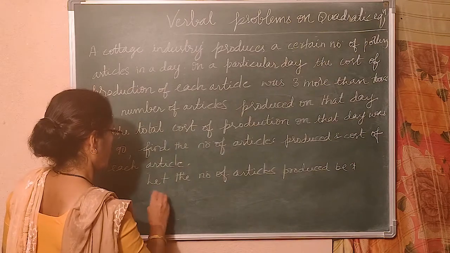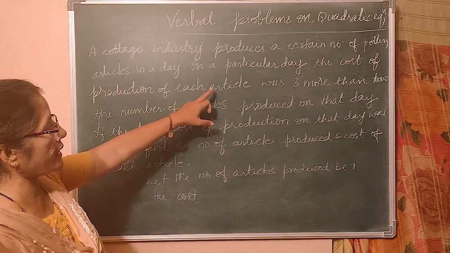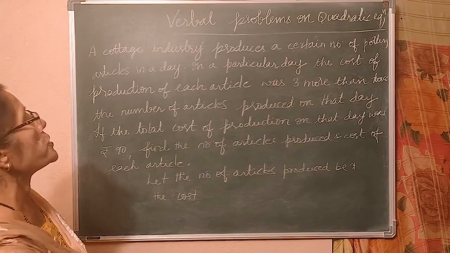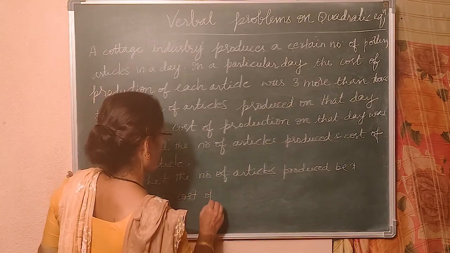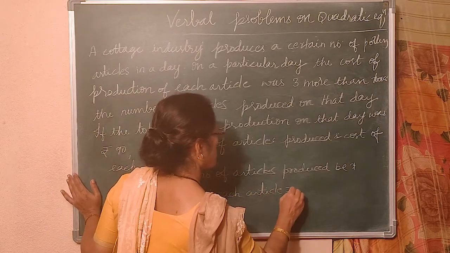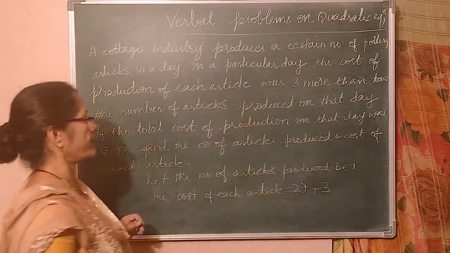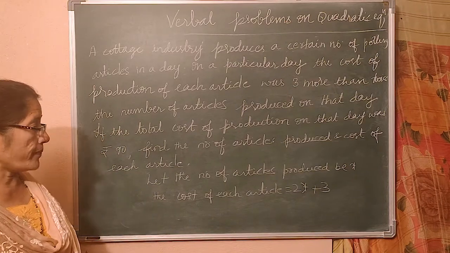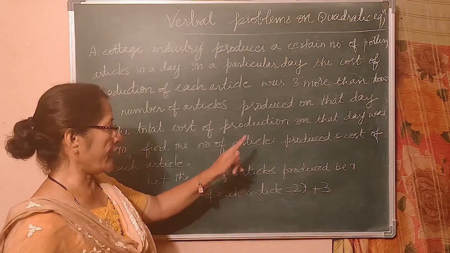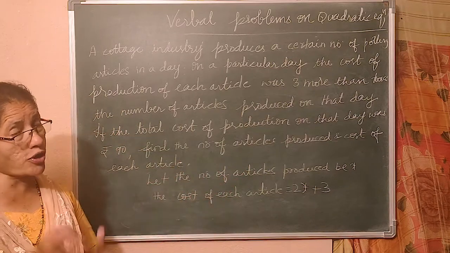Then, cost is equal to, read again, cost of production of each article was 3 more than twice the number of articles produced. So, cost of each article is equal to how much? 3 more than twice the number of articles. Right? You know, cost of each article into total number of articles, you'll get the total cost of production.